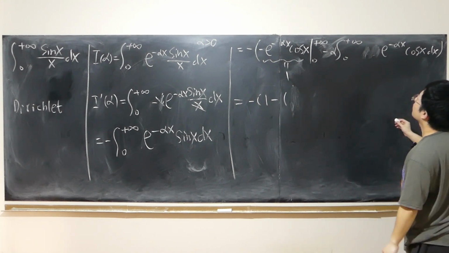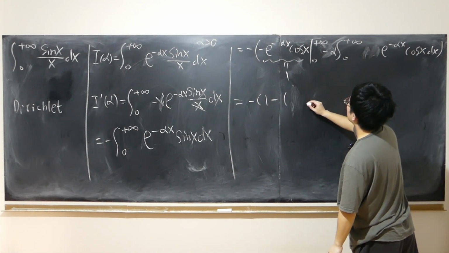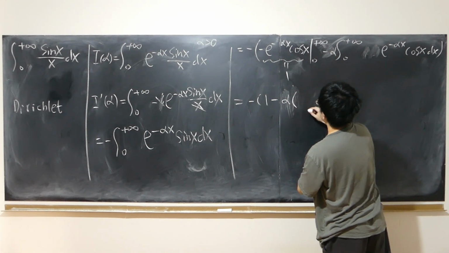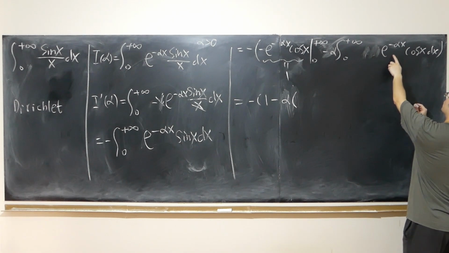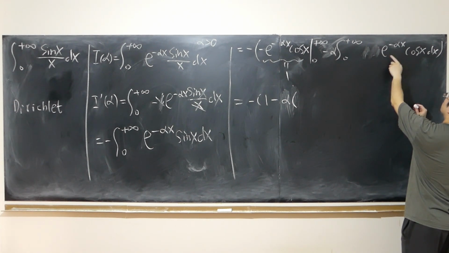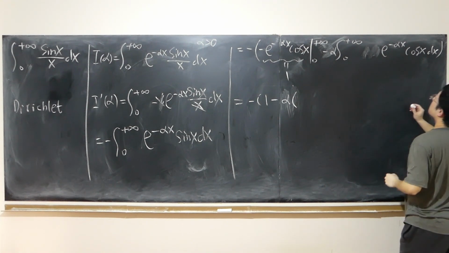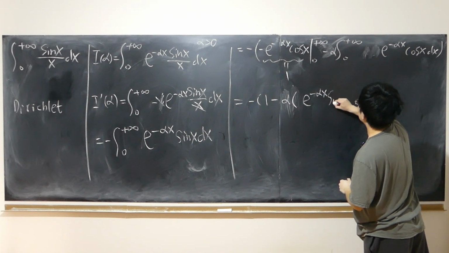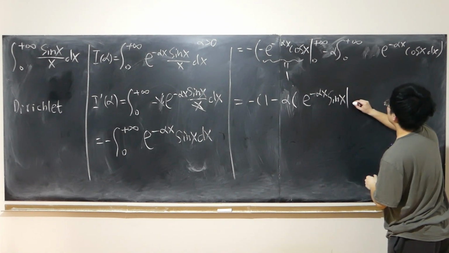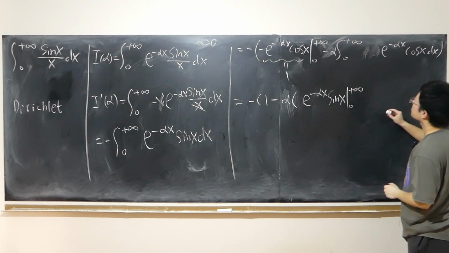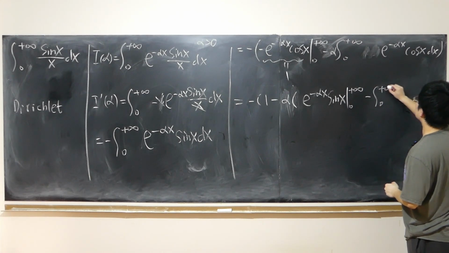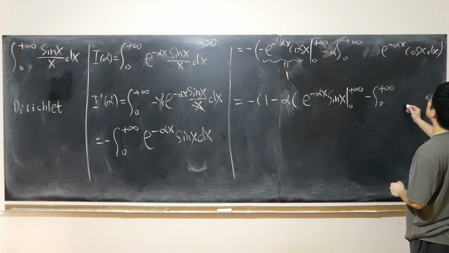So minus alpha, bracket, and this time u dv, where v is sine x. So e to the negative alpha x sine x from 0 to positive infinity, minus the integral from 0 to positive infinity of v du.